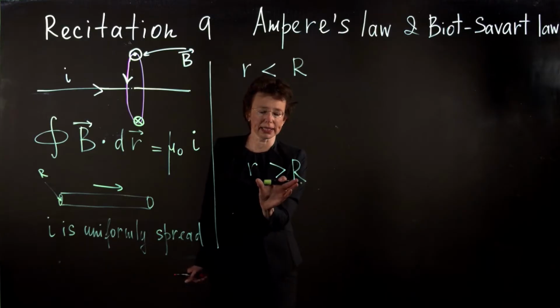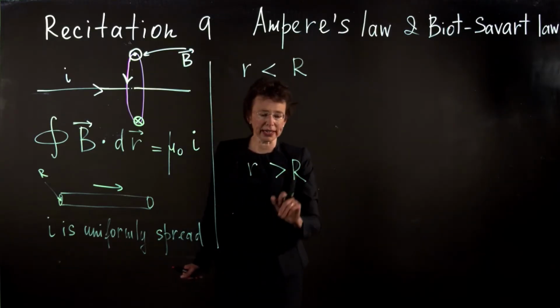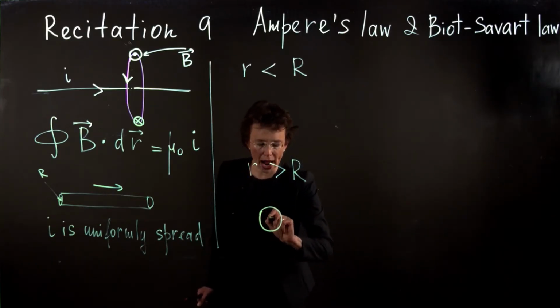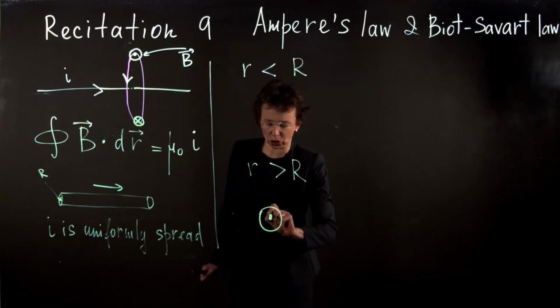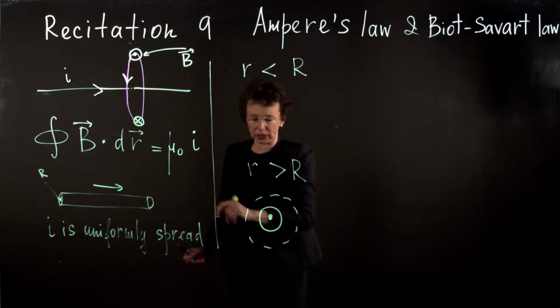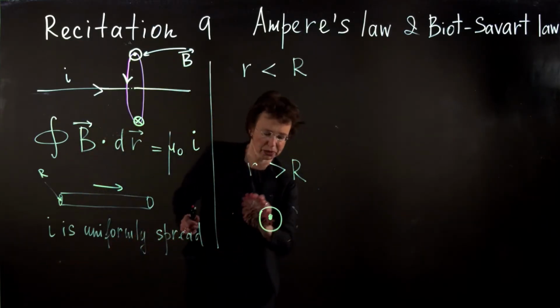First of all, we will consider this region with r greater than the radius of the wire. So if I draw the side view of this wire, current is coming out, and those are the lines of the magnetic field. We put them in pink, so let's keep this pink.